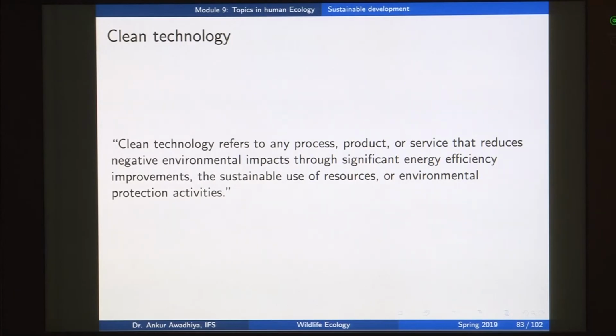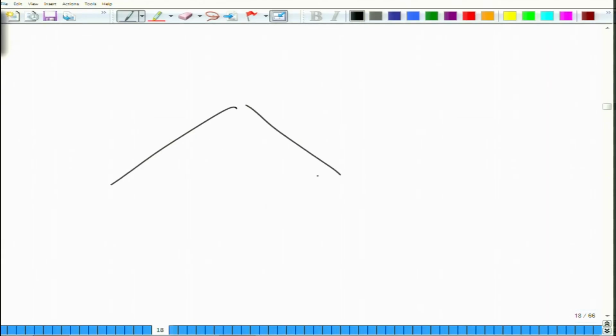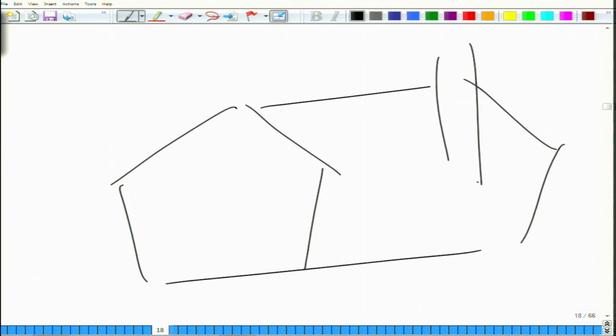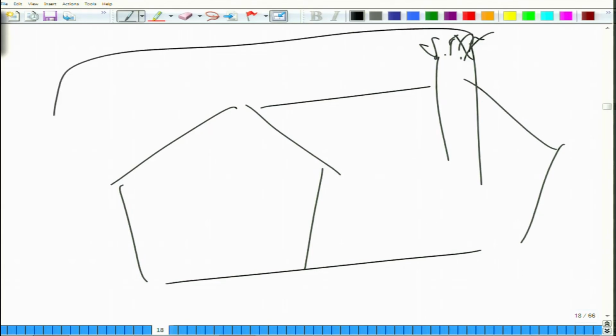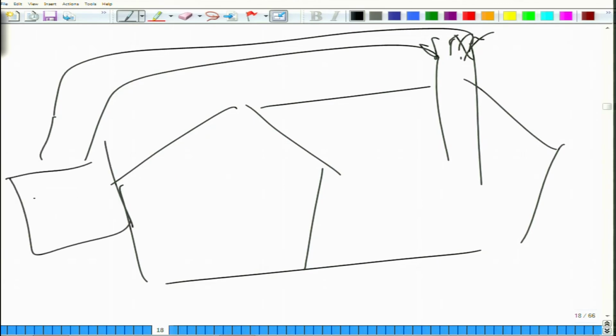So, for instance, a clean technology would be something like this: you have an industry in an area, and this industry is giving out quite a lot of flue gases, and you set up a structure in which these flue gases are taken out, put through some treatment chamber and then released back, so that the amount of discharge into the environment reduces. So, that would be a clean technology.